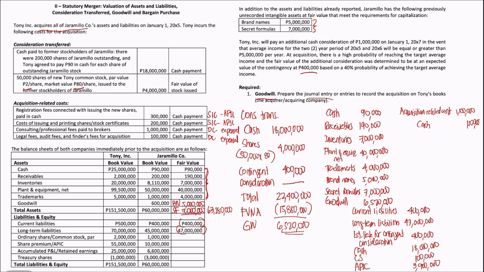To record share issuance costs, we debit APIC and credit cash for 300,000 plus 200,000, 500,000. And those are all for the first requirement.